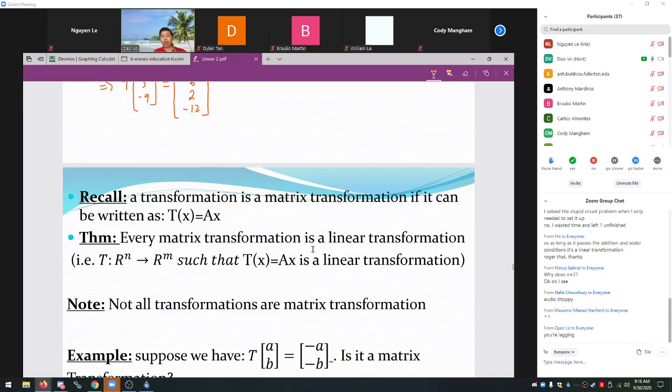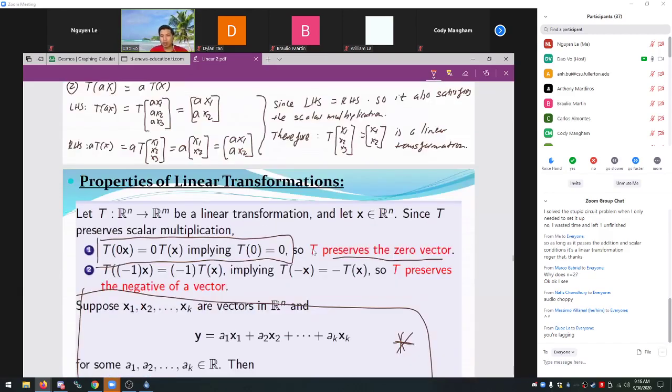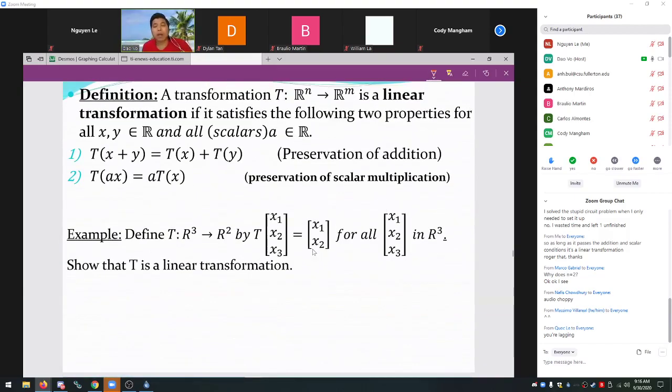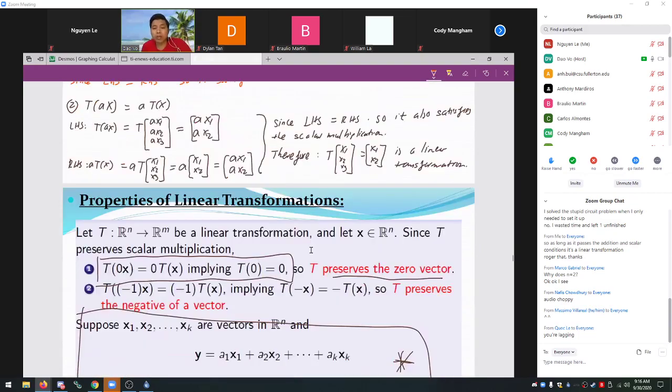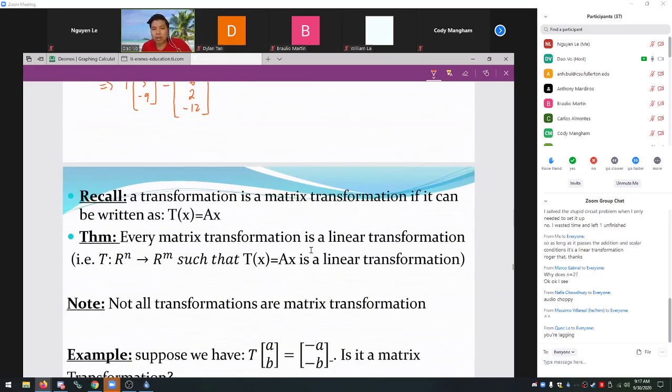So that's another way to prove that a transformation is a linear transformation or not, right? So how do we prove linear transformation? We prove linear transformation by checking the two conditions. Now we have an alternate way: if I can show that this transformation is a matrix transformation, then it's guaranteed that it's also a linear transformation, because this theorem states that every matrix transformation is a linear transformation.